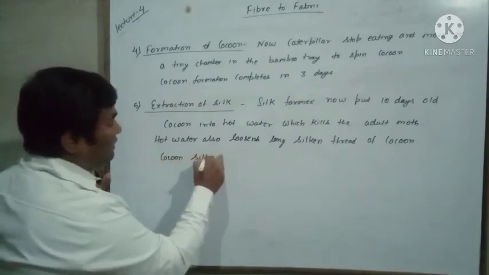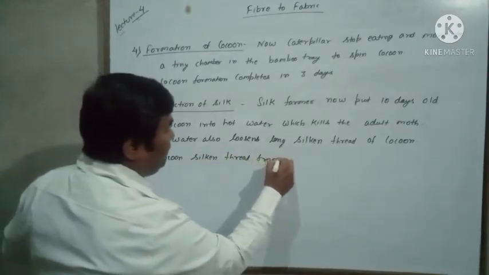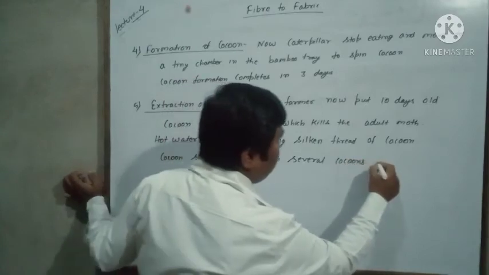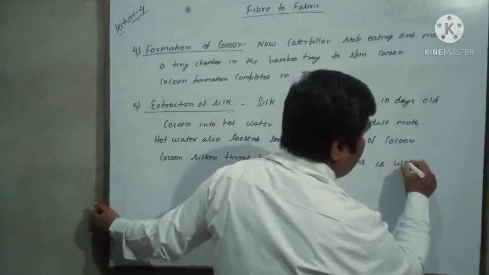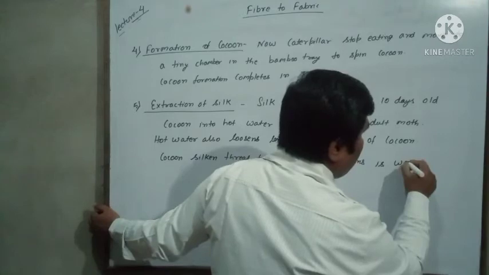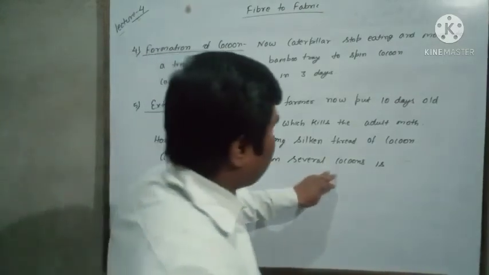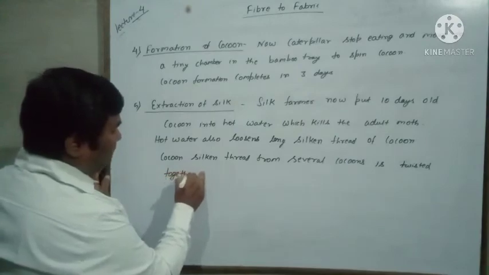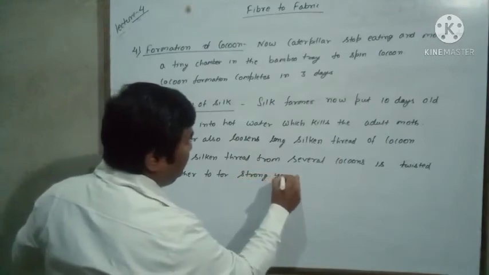Cocoon silken thread from the several cocoons is twisted together to form a strong yarn.